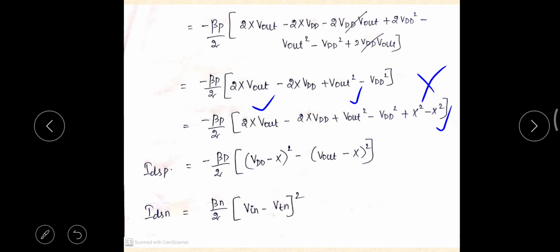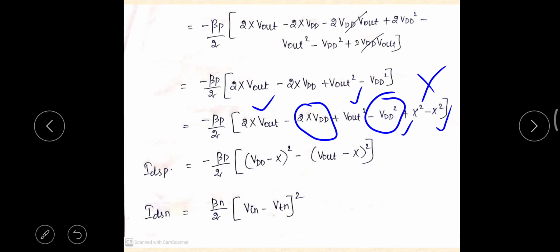And similarly this 2x VDD and minus VDD square and this plus x square is written as VDD minus x the whole square. Further I cannot simplify, so I stop with this. So this is the current equation of PMOS in the linear region for region B.